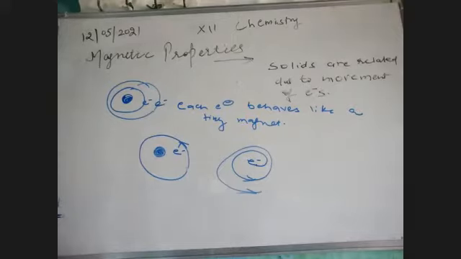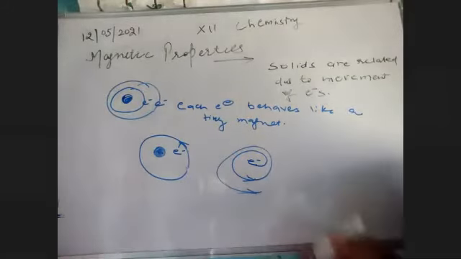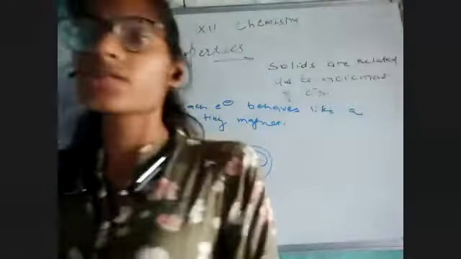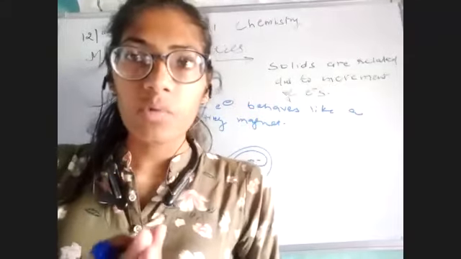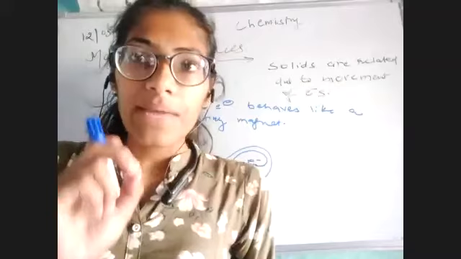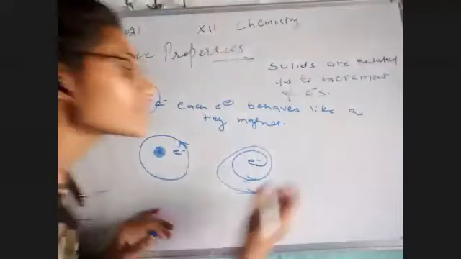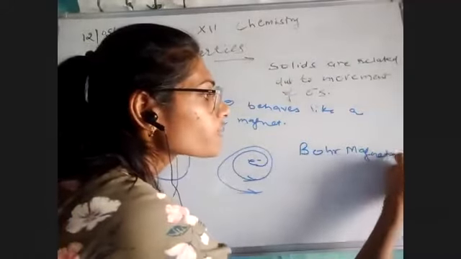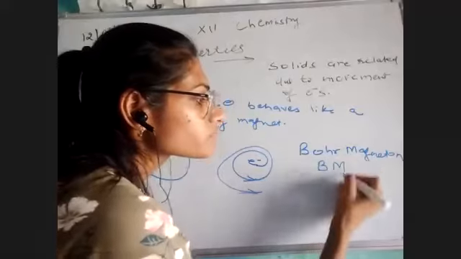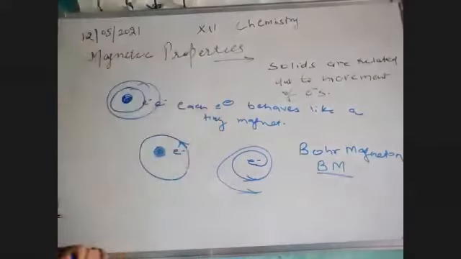Each electron has a permanent spin, but its magnetic moment is quite low, and we represent it in the form of the Bohr magneton, or BM.